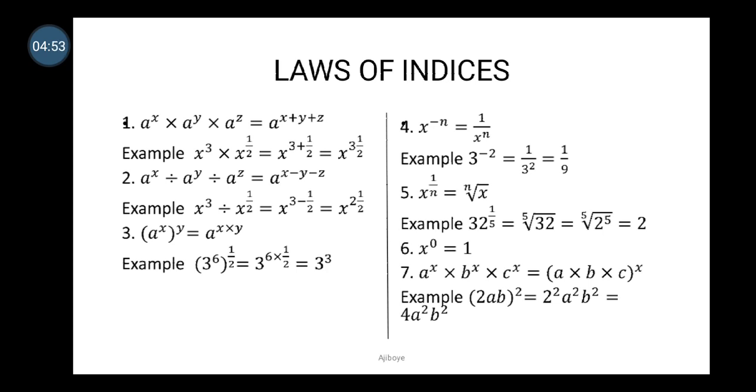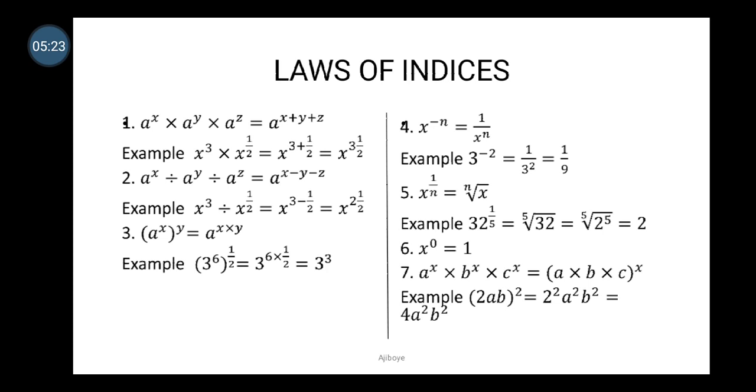The first amongst them is if you are multiplying index numbers of the same base, as we have in point number 1, a raised to power x times a raised to power y times a raised to power z is equal to a raised to power x plus y plus z. That is, you pick only one of the base and sum all the powers.